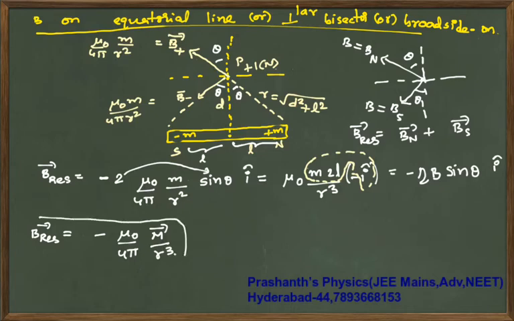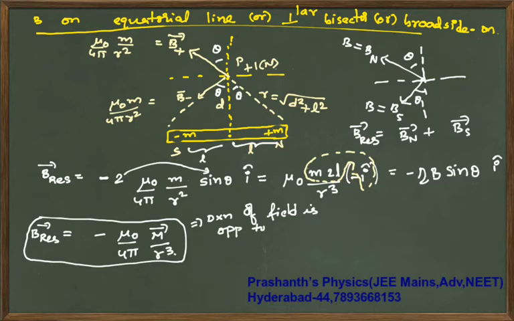So that is your resultant magnetic field: minus mu naught by 4 pi into m bar by r cube. Here the direction of the field is opposite to the magnetic moment.